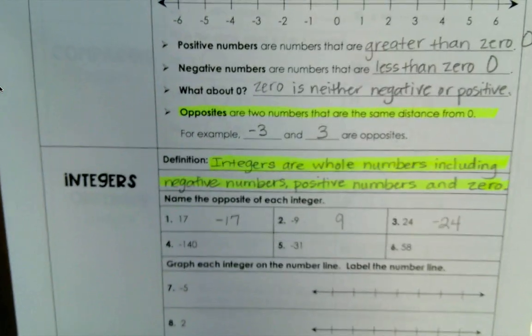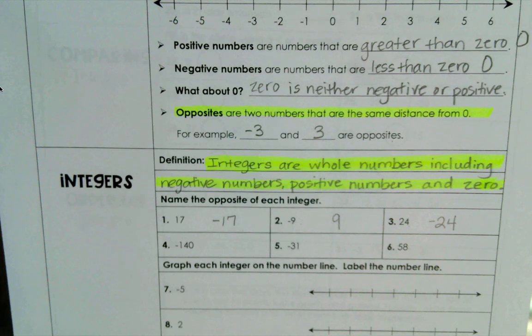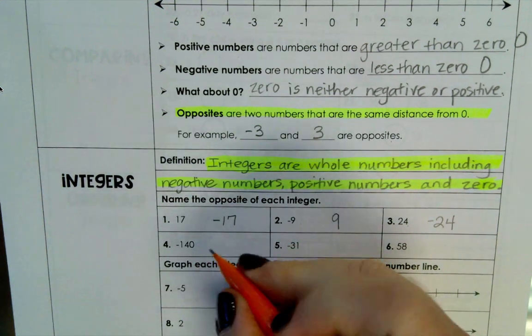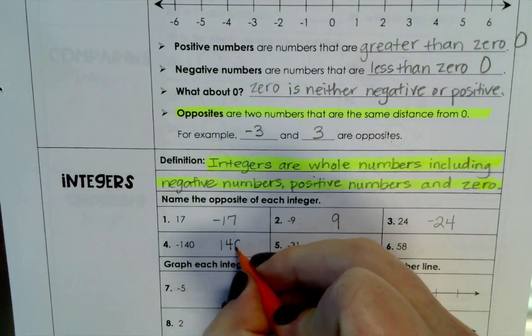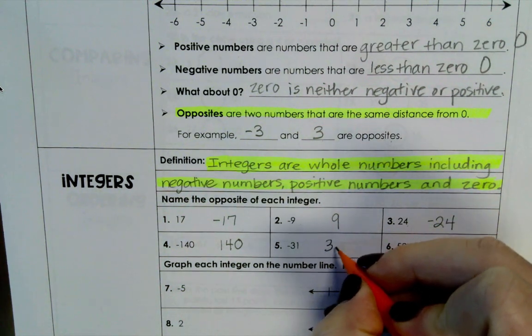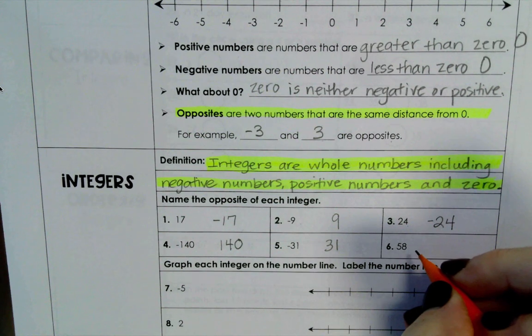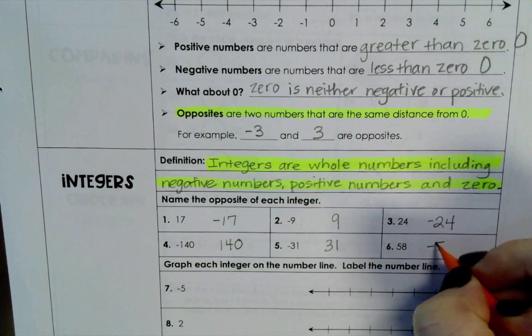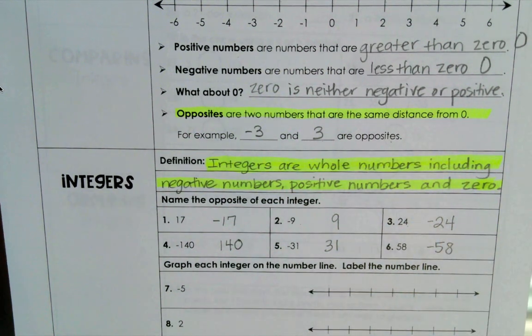If I have -140, it's positive 140. Negative 31 is positive 31. Positive 58 is negative 58. Okay, that's it. I know. It's craziness.